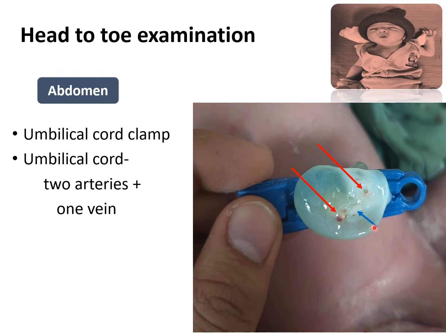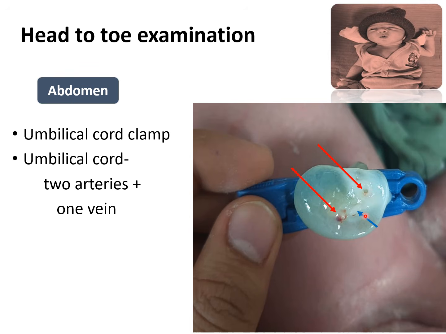Whenever you are inserting an umbilical venous catheter, you have to identify the vein, then insert. Normally, the umbilical vein is positioned at the 12 o'clock position. So here you can see these two are the arteries and one is the vein.